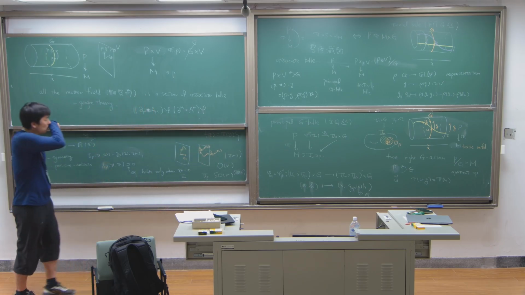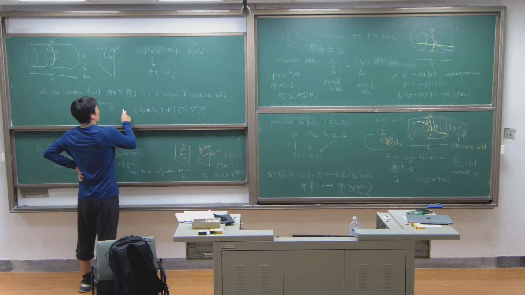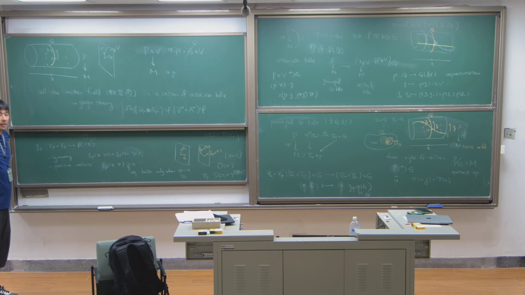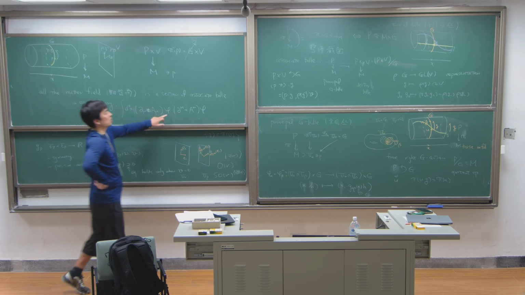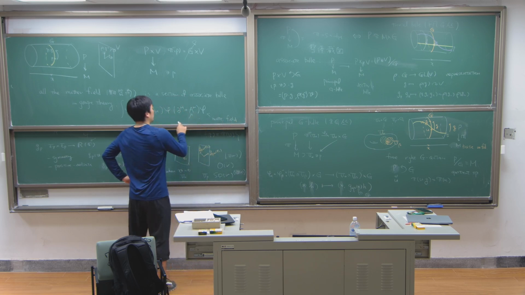So this is the scalar field. And this phi is called matter field. And A is called gauge field.